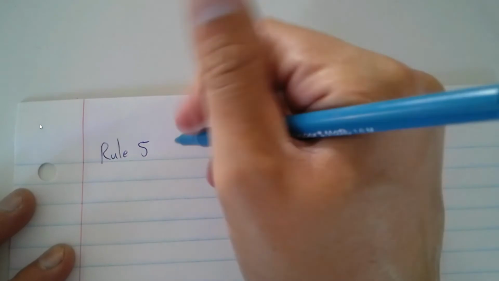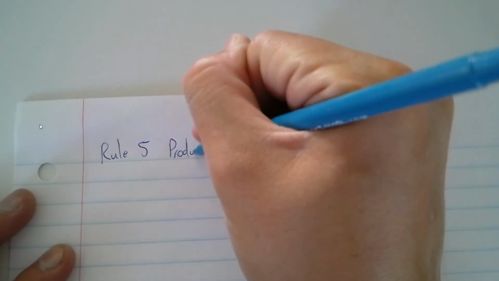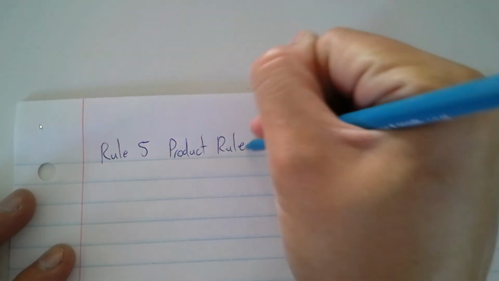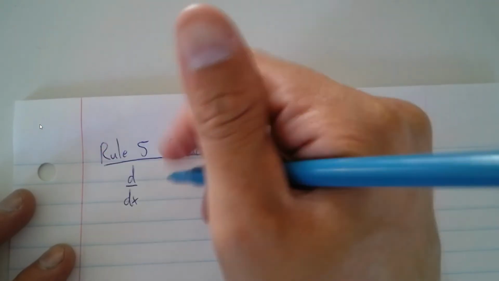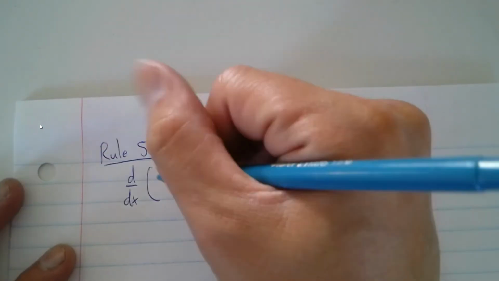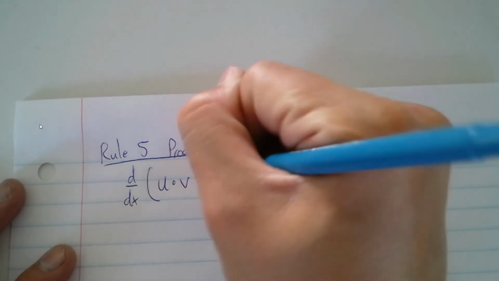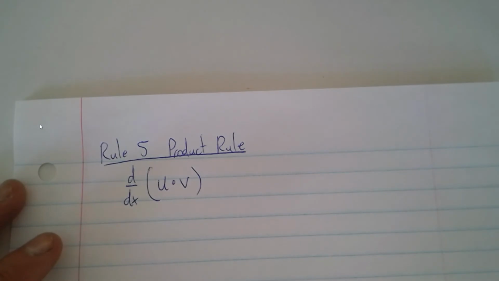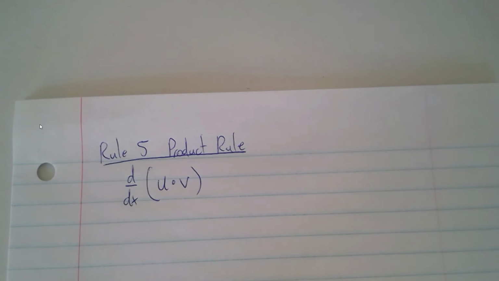Rule number 5. It's what we call the product rule. If you take the derivative with respect to x of u times v. Remember the last statement was u plus or minus v. This is if we have 2 things that are being multiplied to each other, like they're attached to each other.